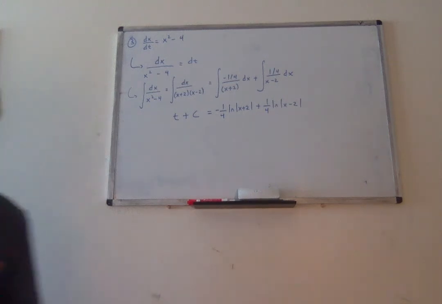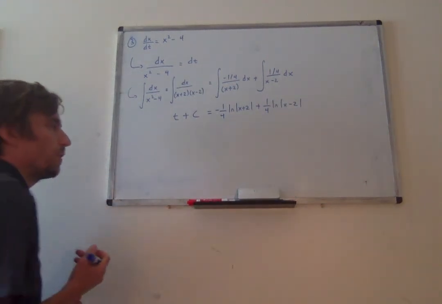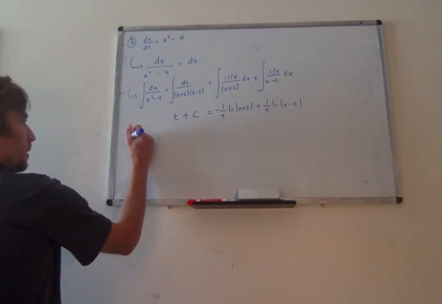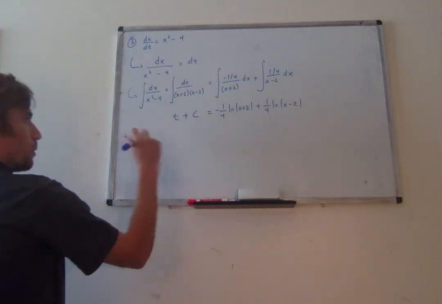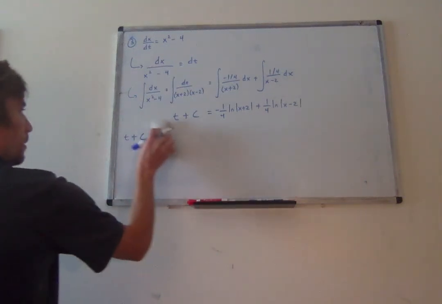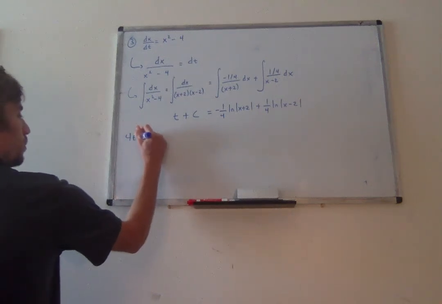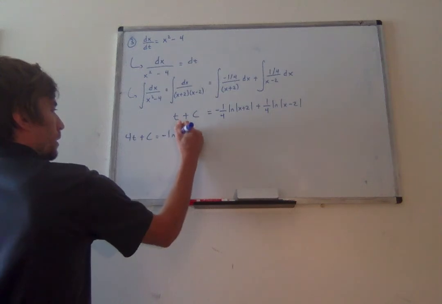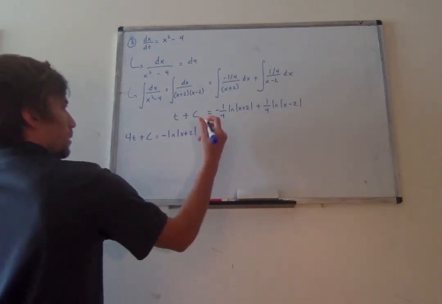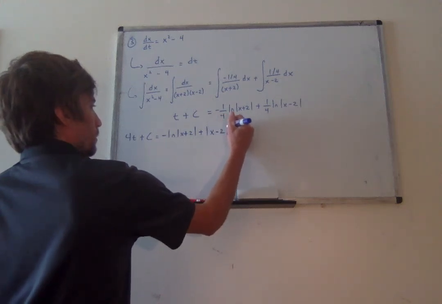If we wanted to simplify, I'm not quite sure how much your math lab is going to want you to simplify on these. What you could do is first multiply everything by 4. So you'd get 4t plus c is equal to negative natural log of x plus 2 plus natural log of x minus 2.